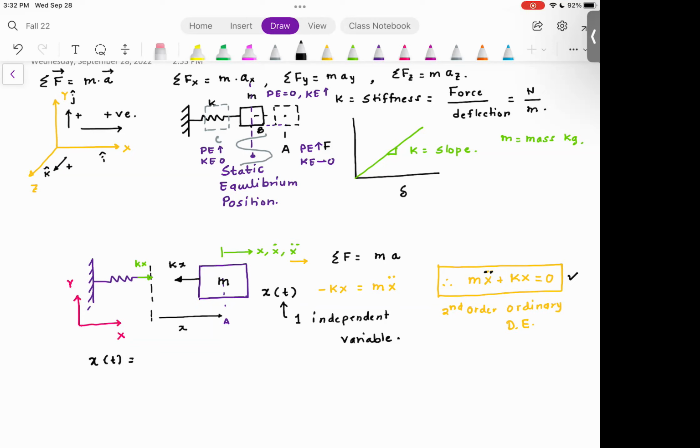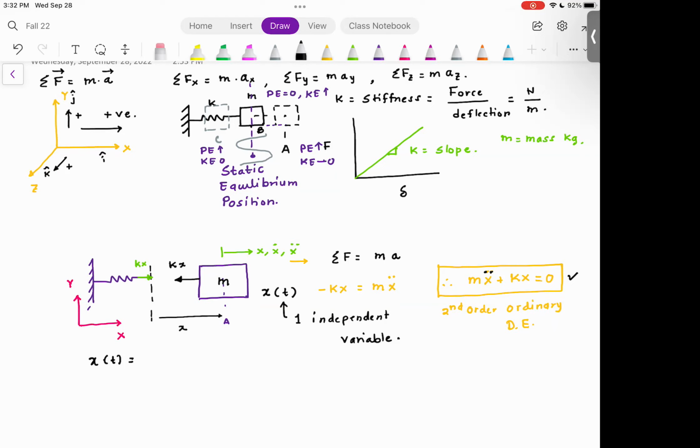For simple problems, it's easy. But imagine if you have hundreds of these masses. Drawing a free body diagram is not easy. And if you don't believe me, just imagine the truss problems that you solved in statics. Remember? And now imagine that truss starts moving.